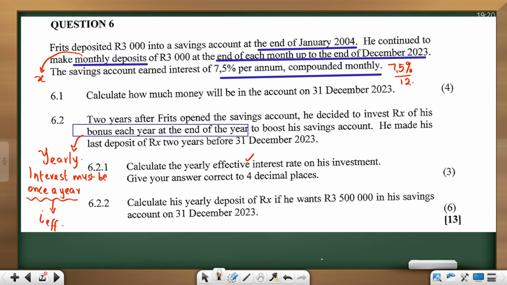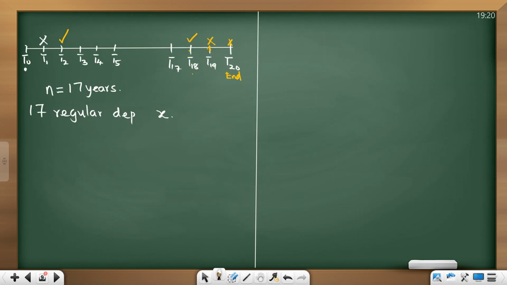They said calculate his yearly deposit of X if he wants 3,500,000 to be in the savings. Wait. What is the aim? Let's be smart about it. What is the aim? 3.5 million, right?